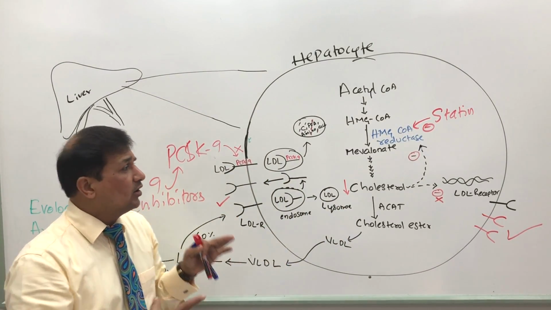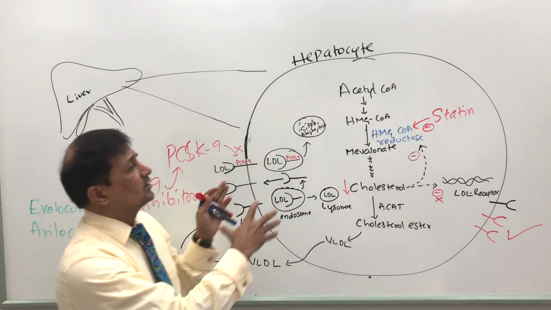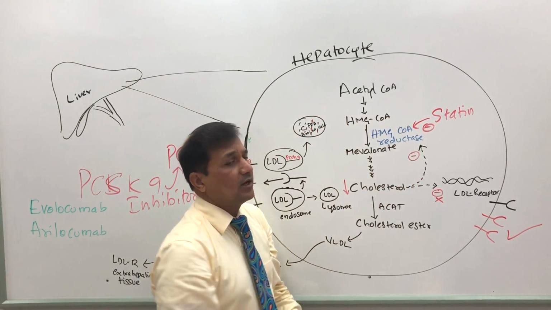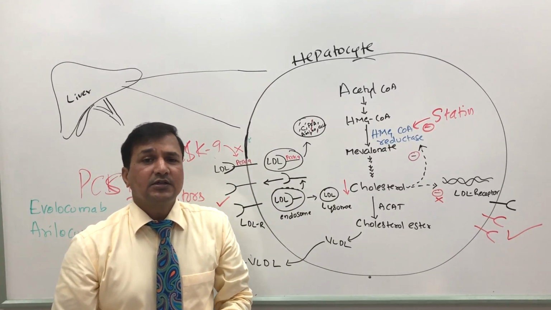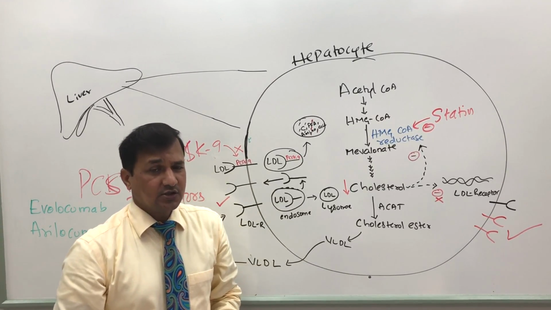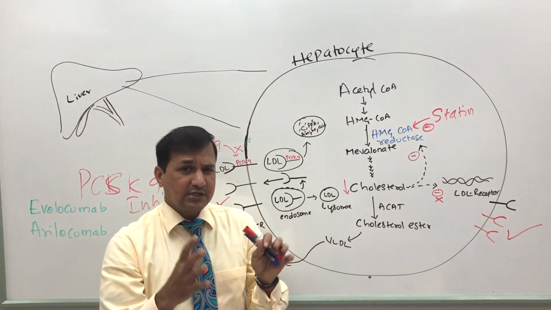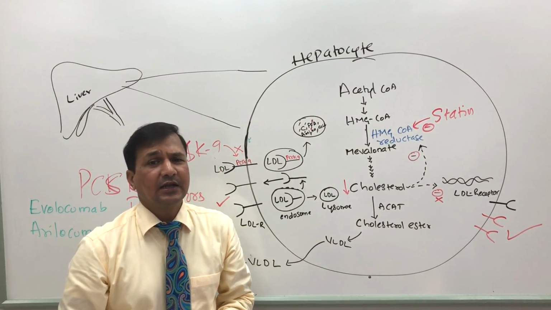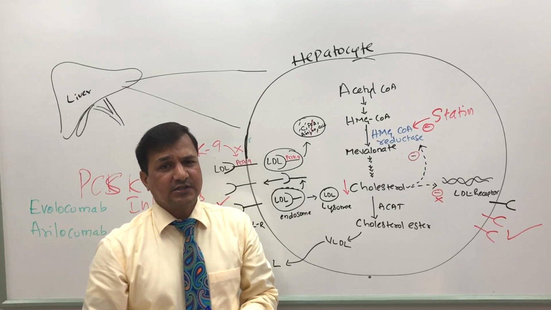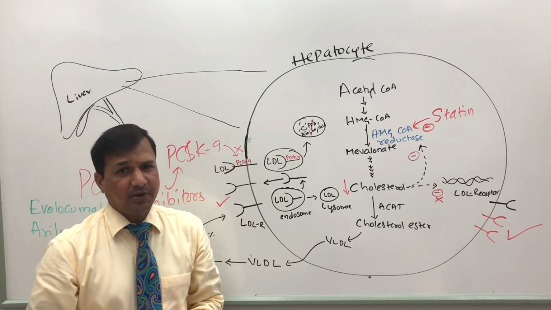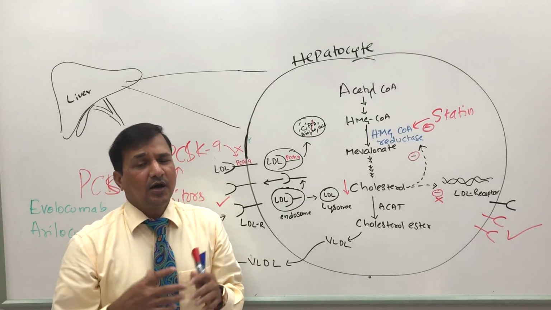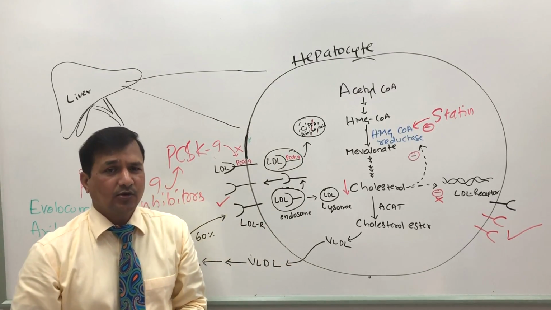So this is how PCSK9 inhibitors work, and this is how statins work in decreasing circulating LDL cholesterol. So this is all about the mechanism of PCSK9 inhibitors and the mechanism of statins in increasing expression of the LDL receptor over the hepatocyte membrane, thereby decreasing LDL cholesterol levels in the person who is having hypercholesterolemia.